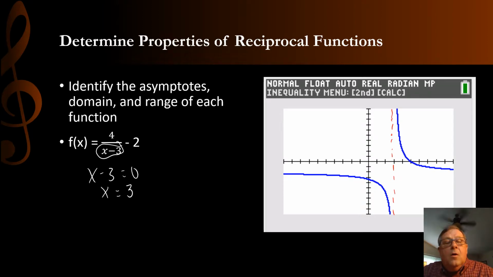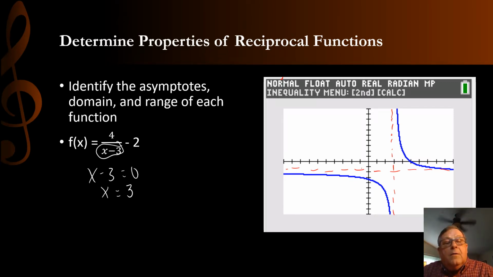Now, what about our horizontal asymptote? Well, I can see here again, I've got a horizontal asymptote. It's going to be a little hard for me to draw on this computer. But right here where f of x or y is equal to negative 2, we've got a horizontal asymptote.